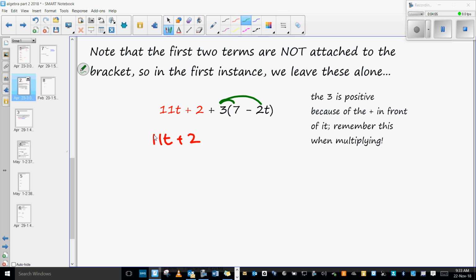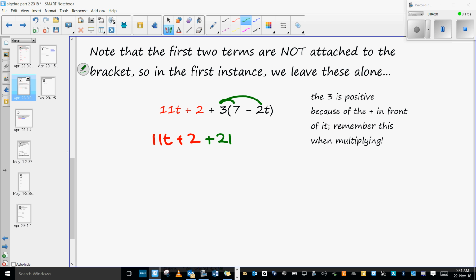So we double check, is our 3 positive or negative? Positive. Okay, so we have to have that in our mind. So we've got 3 multiplied by 7. 21. So we're going to write plus 21 because they're positive. Then we're going to do 3 multiplied by 2t.